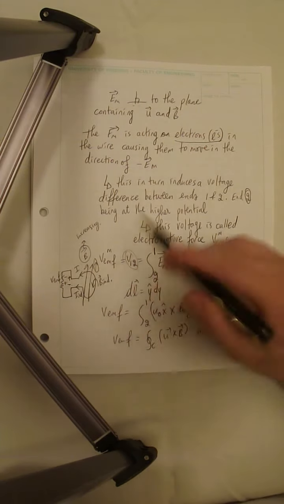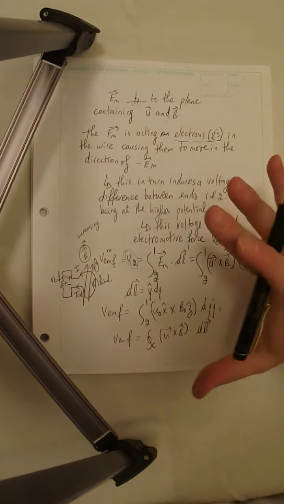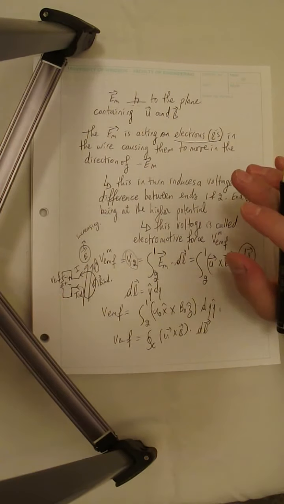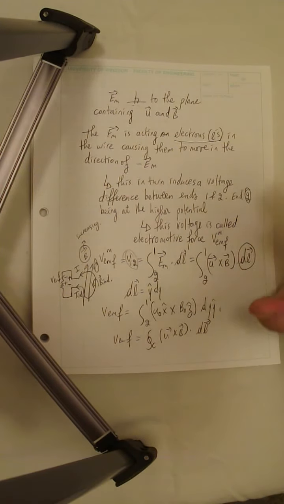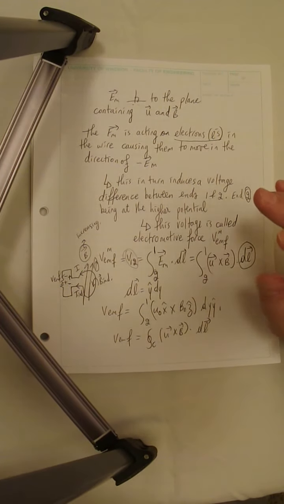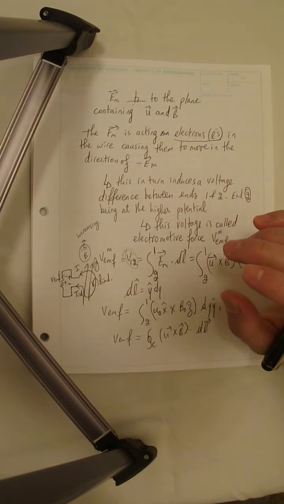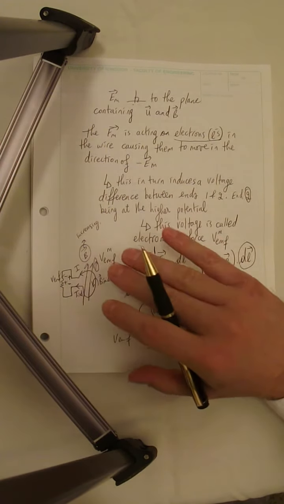This is what Lenz's law talks about: the induced voltage acts in such a way as to oppose the flux producing it.